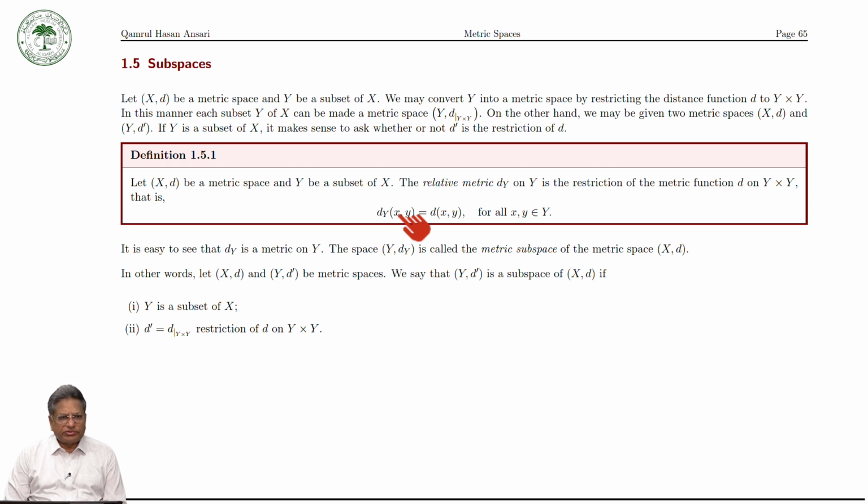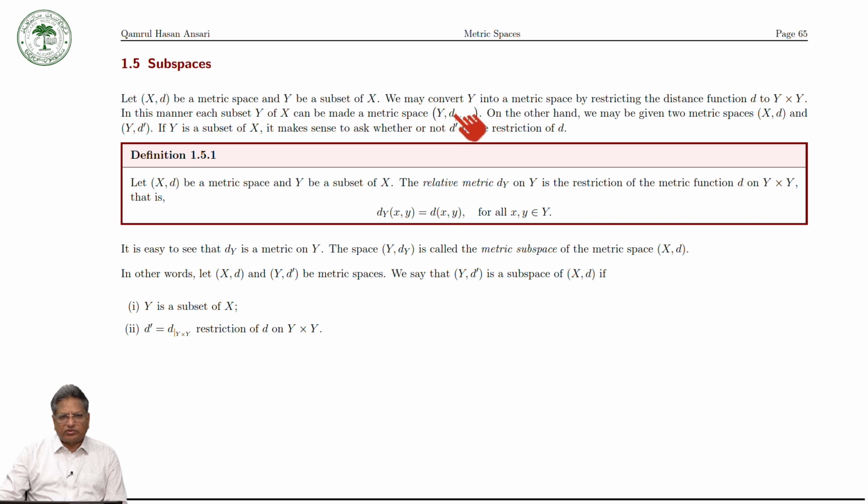So, suppose X is a metric space and Y is a subset of X. Then we may convert Y into a metric space. How? By restricting the distance function d to Y cross Y. In this way, each subset Y of X can be made a metric space.